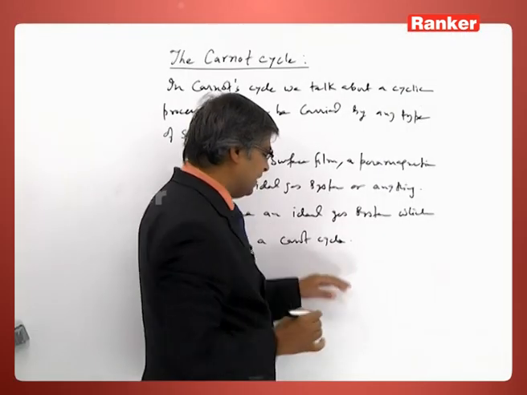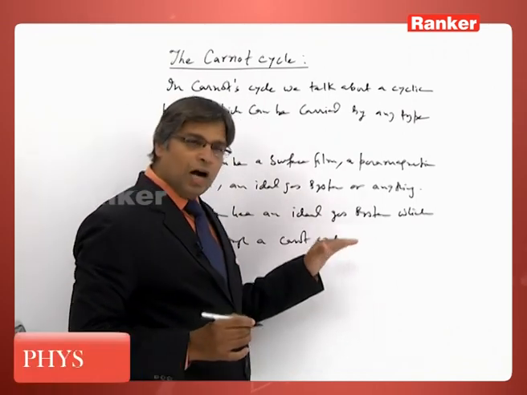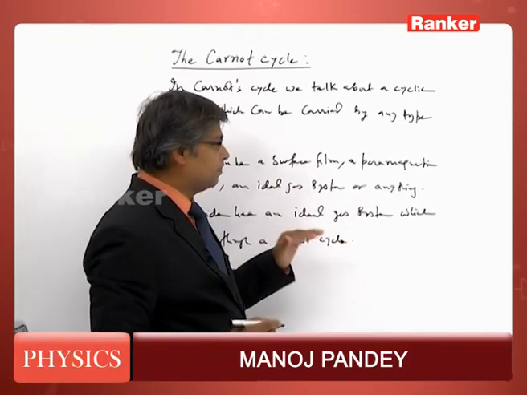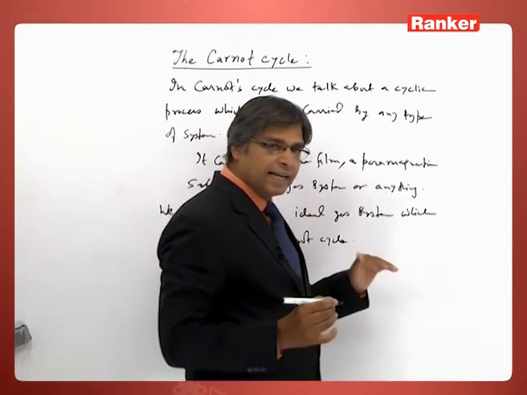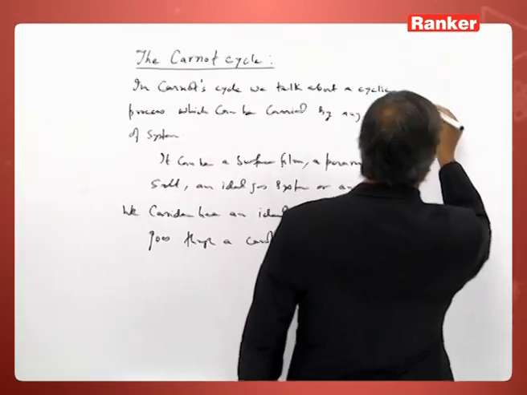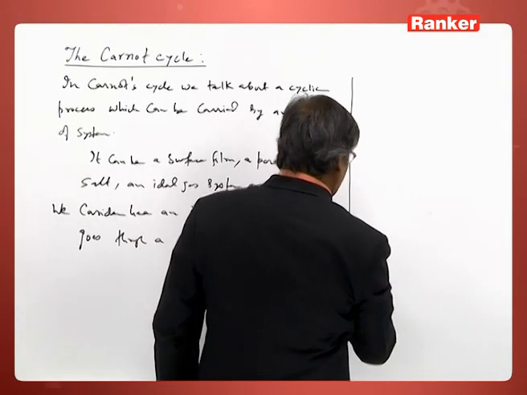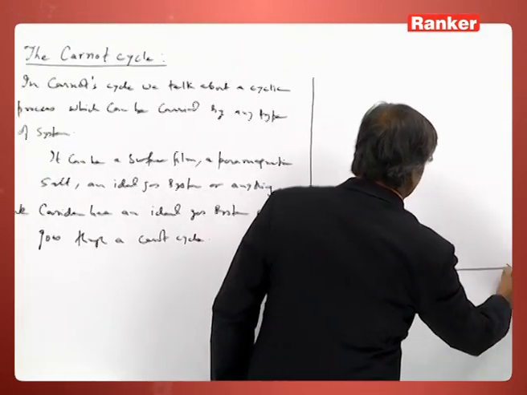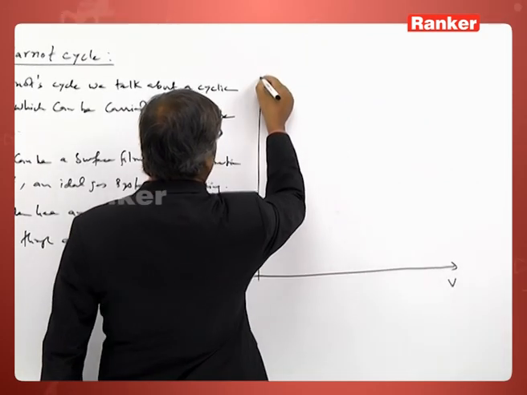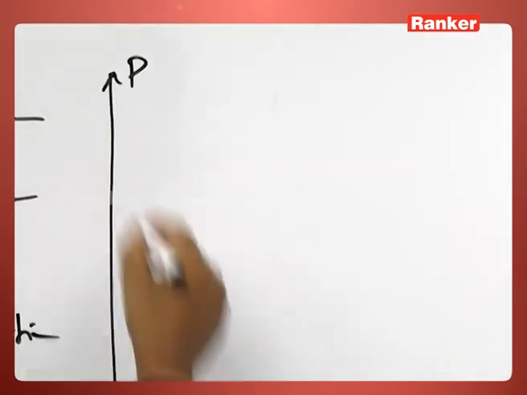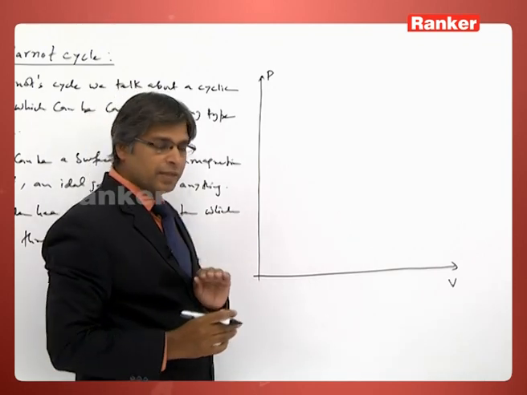So now let us see how the Carnot cycle will be. In a Carnot cycle, we will represent our process on a PV diagram.